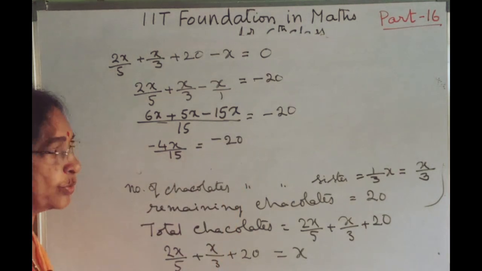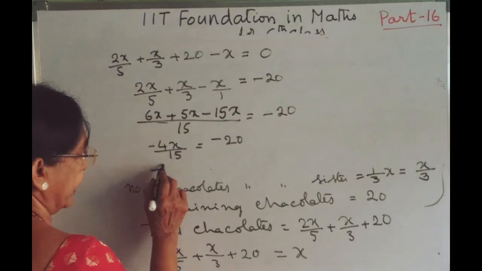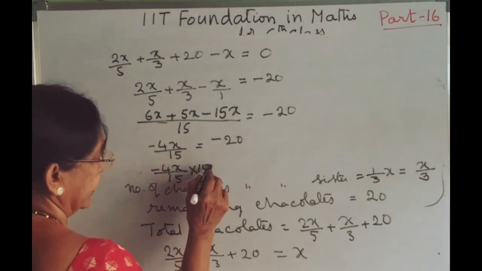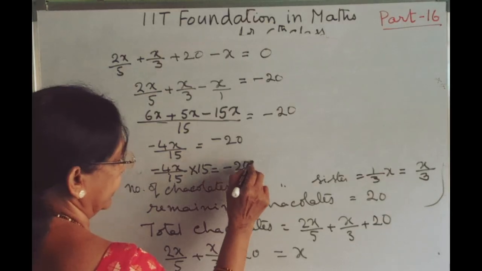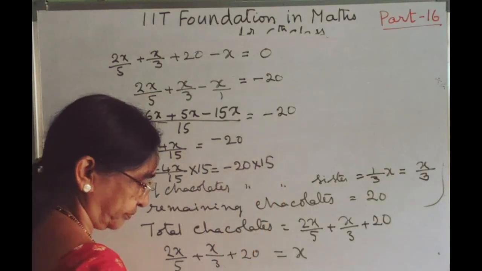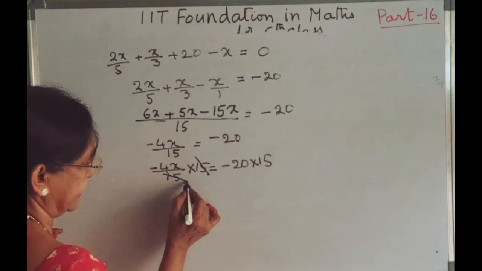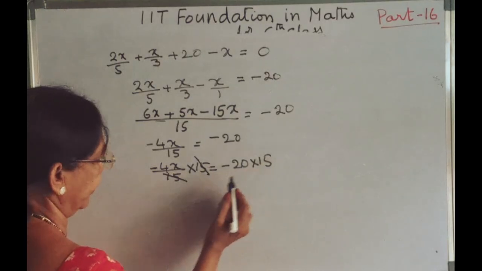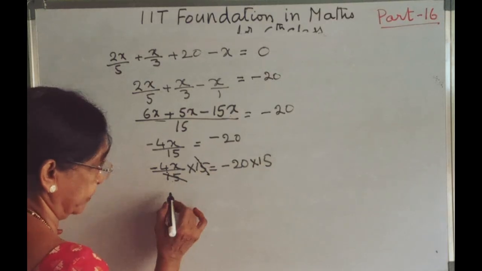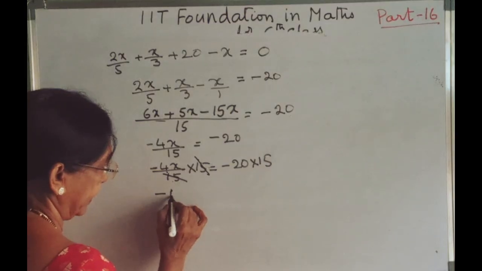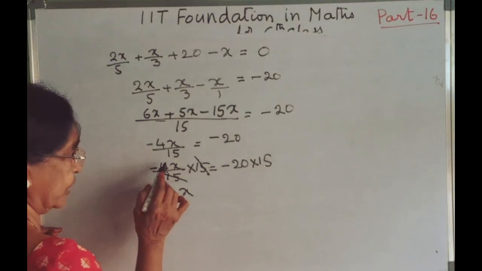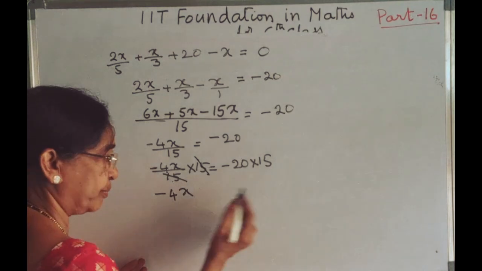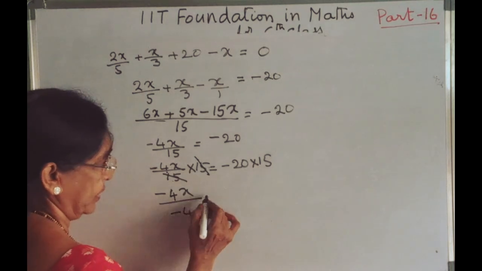Now, multiplying both sides by 15, we get minus 4x by 15 into 15 is equal to minus 20 into 15. Here 15 gets cancelled. Minus 4x is equal to minus 20 into 15. Now dividing both sides by minus 4. As the coefficient of x on the left side is minus 4, we will divide both sides by minus 4.